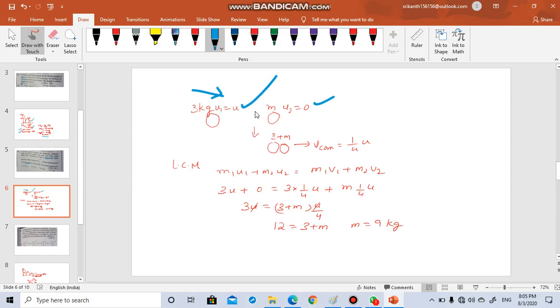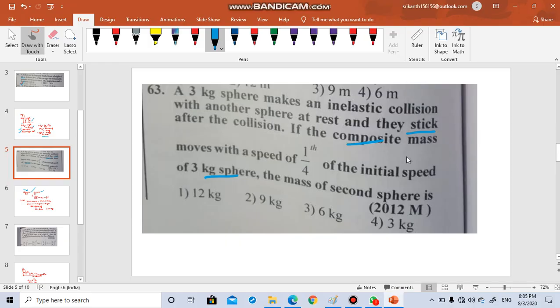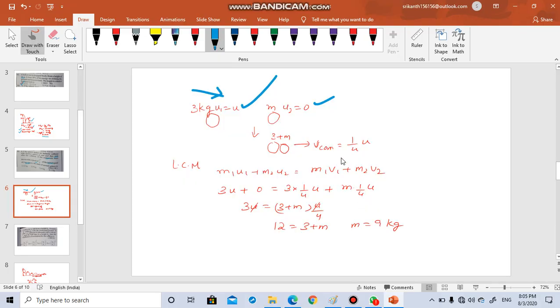Okay, after that जब collision हो गया, ये दोनों चिपक गए, they both stick to each other. चिपकने के बाद they both acquired a common velocity. That is what is, see, the composite mass, मतलब दोनों मिला करके they were moving with the speed of 1/4 of the initial speed. Okay, they both were traveling with the same speed, which is 1/4 times u.